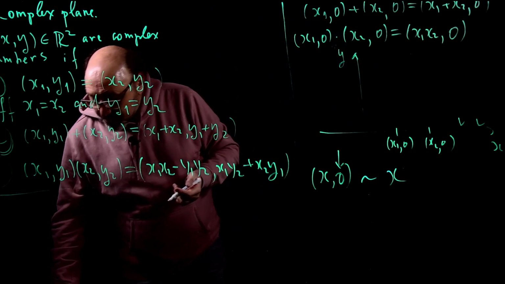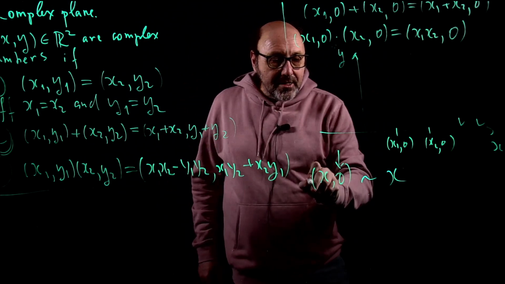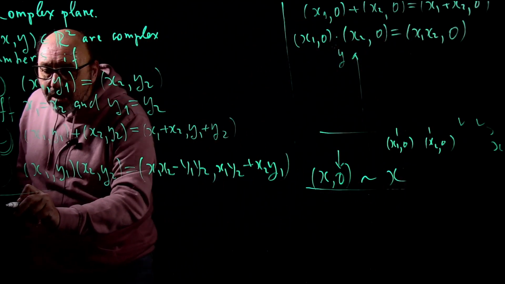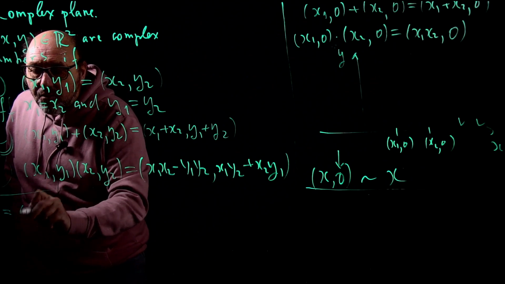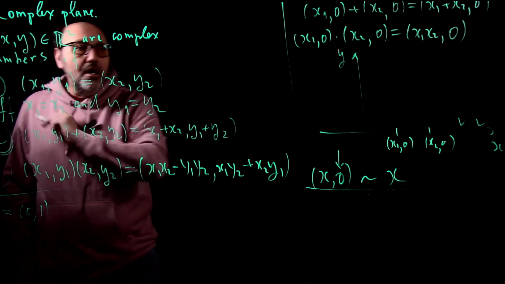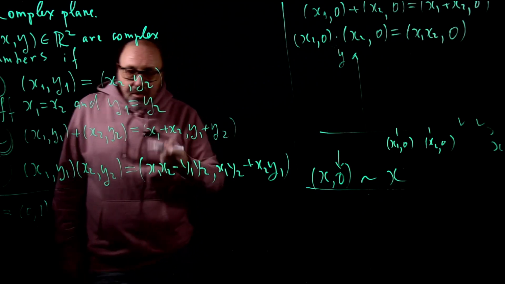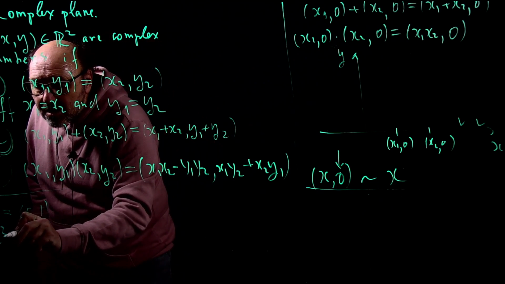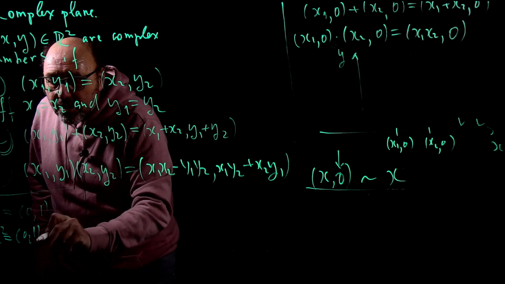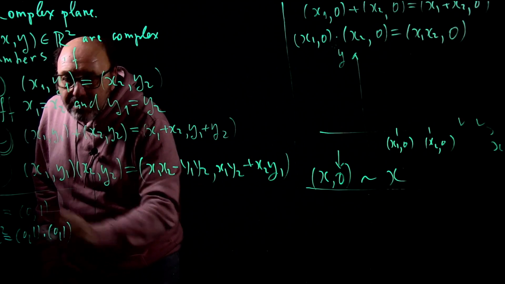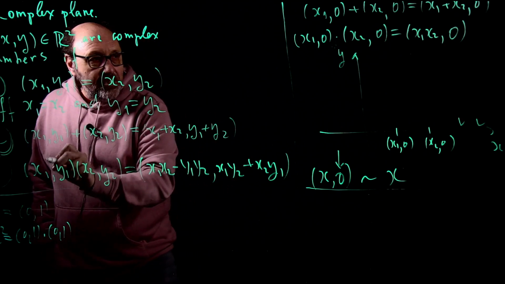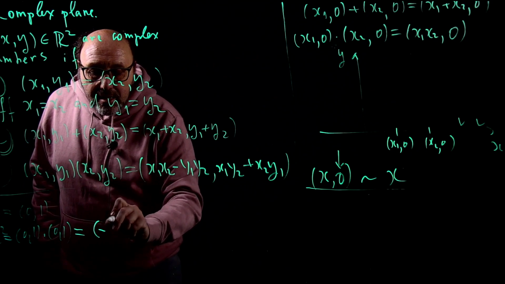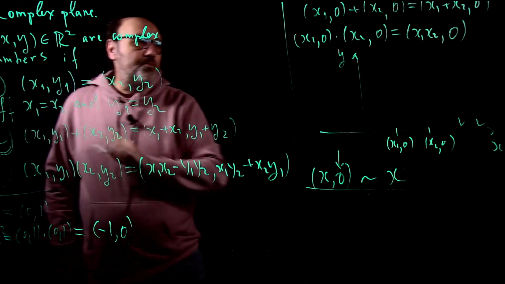On the other hand, if we consider the following remarkable couple i of the form (0, 1), and multiply this couple by itself, that is, i squared, (0, 1) multiplied by (0, 1), and apply once again rule 3, we obtain (-1, 0).